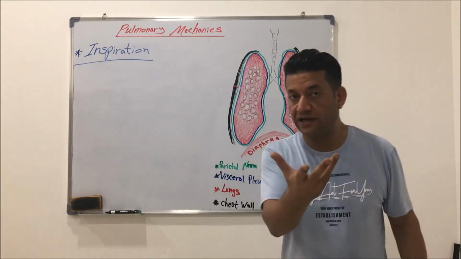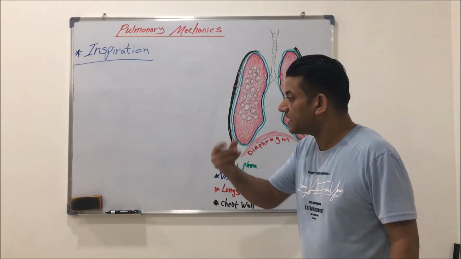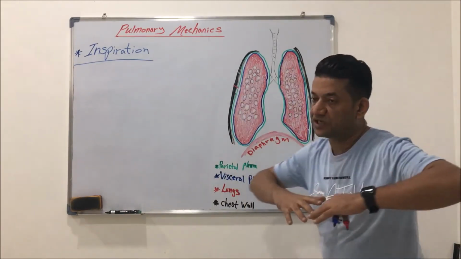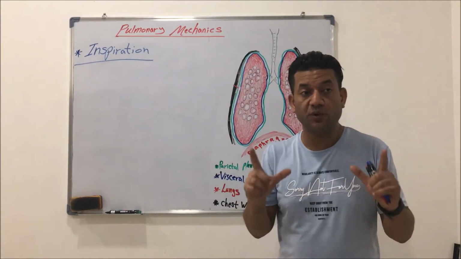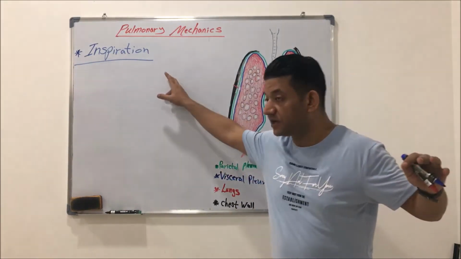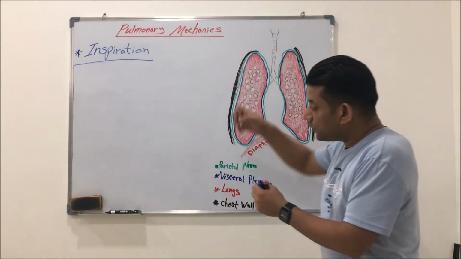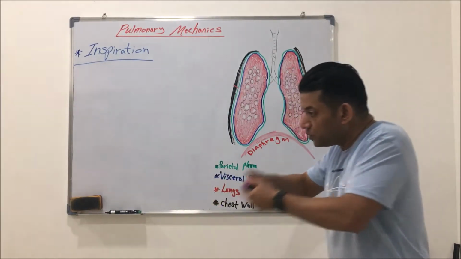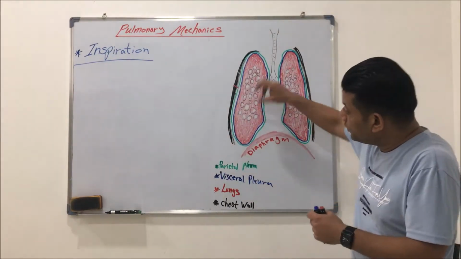So what will occur? What will this help in? After the expansion of the chest wall by the active process of contraction of inspiratory muscles, the chest wall will cause a pulling force on the pleura.